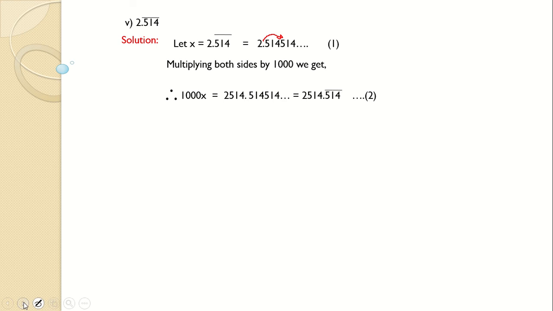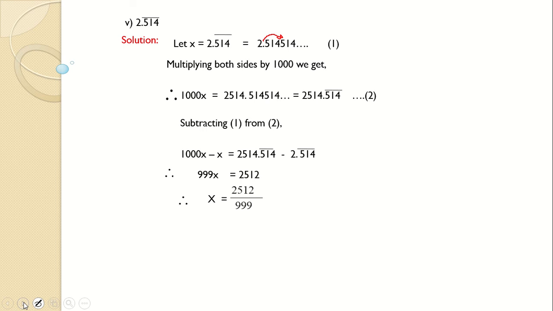Now as usual, subtracting statement number 1 from 2, we will get 1000x minus x is equal to... now subtract, and we get 2512, and x will be equal to 2512 upon 999.